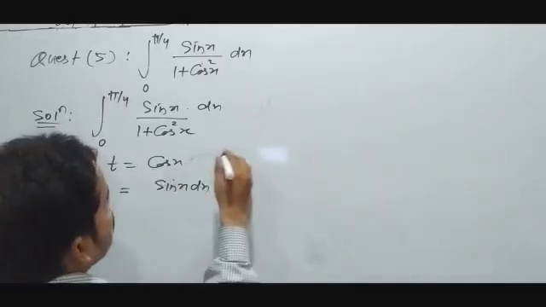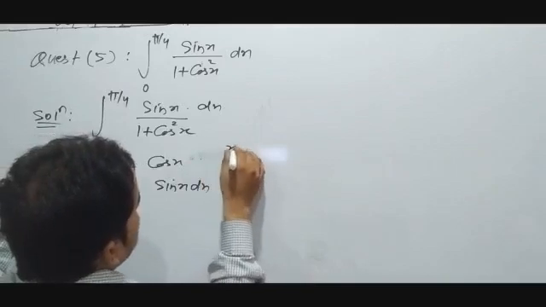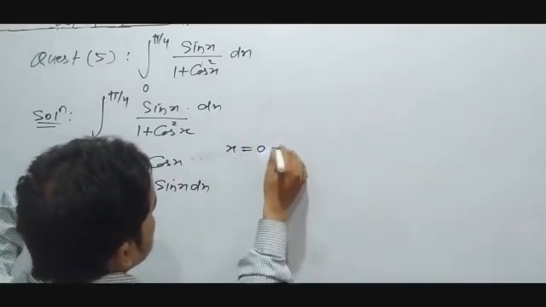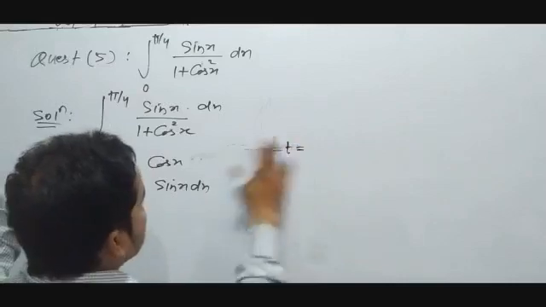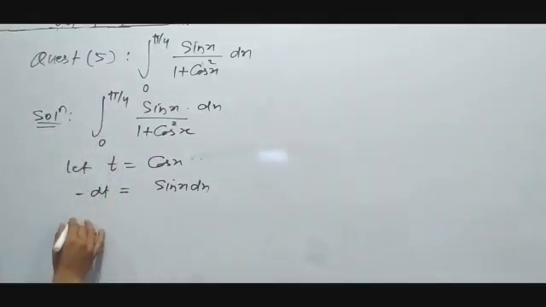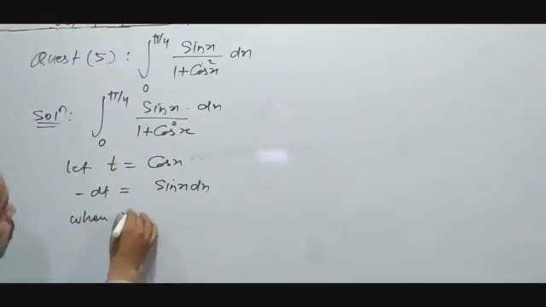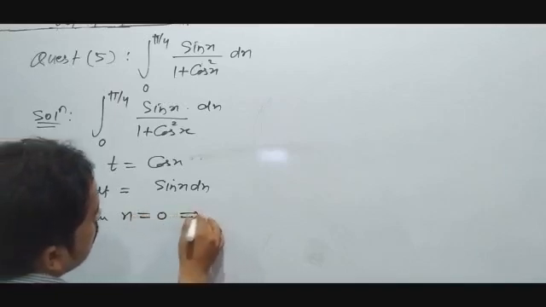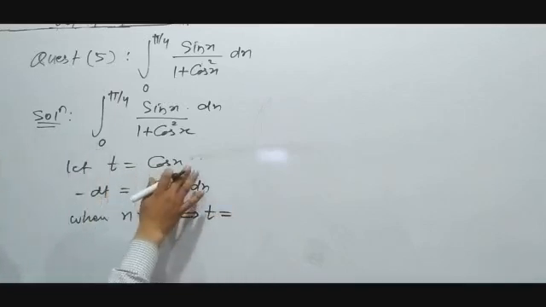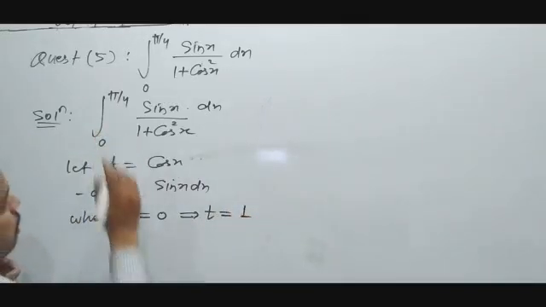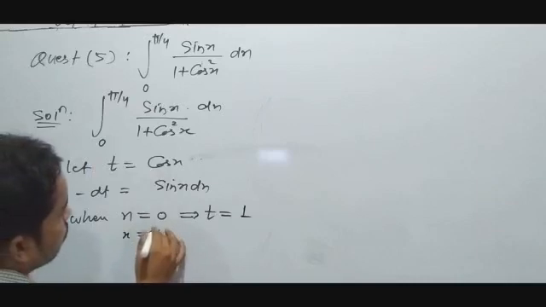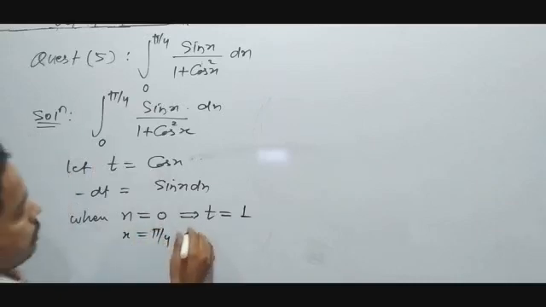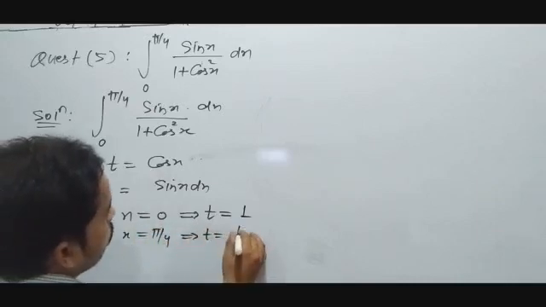Now the integration limits. When x is equal to 0, this implies t is equal to 1. And when x is equal to pi by 2, then t will be equal to 0. This is the changed limit.